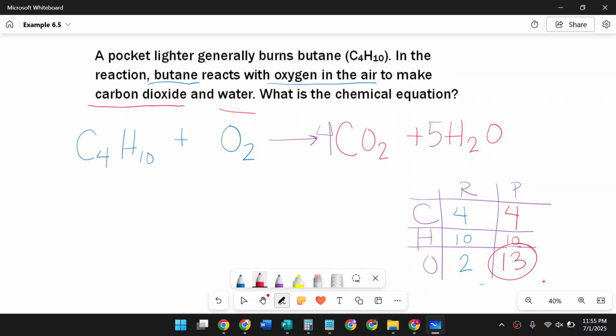And so to make it even, we're going to go ahead and double the amount of everything, which is kind of what your book does, but it does it a little bit backwards. So first we're going to take all of our numbers and we're going to double them. So we're going to put a 2 here, and we're going to put a 2 here, and instead of a 4, we're going to make that be an 8, and instead of a 5, we're going to make that be a 10.